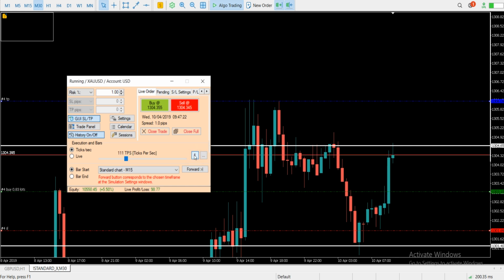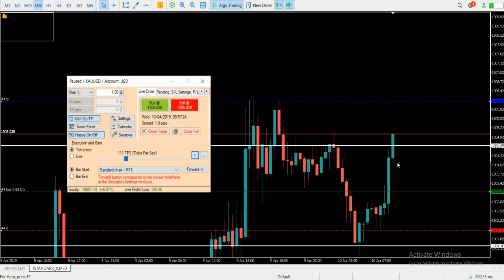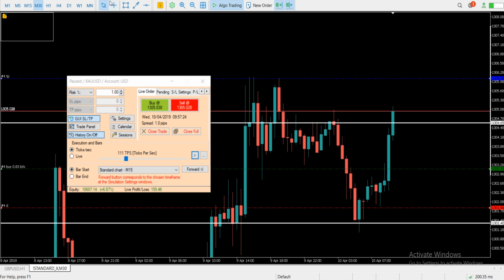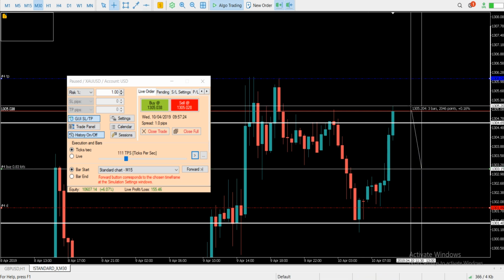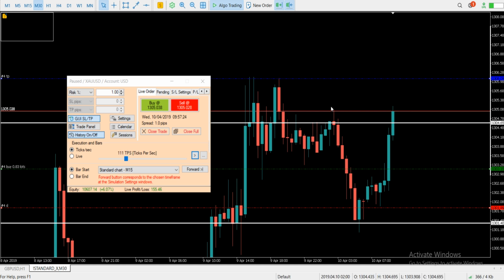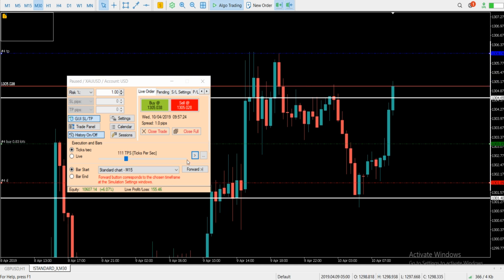Okay, we'll stay in this trade and we will see how this candle closes, and then I will make some decision. Okay, to be very honest, I want to close this trade right now because I'm making 1.5% right there.